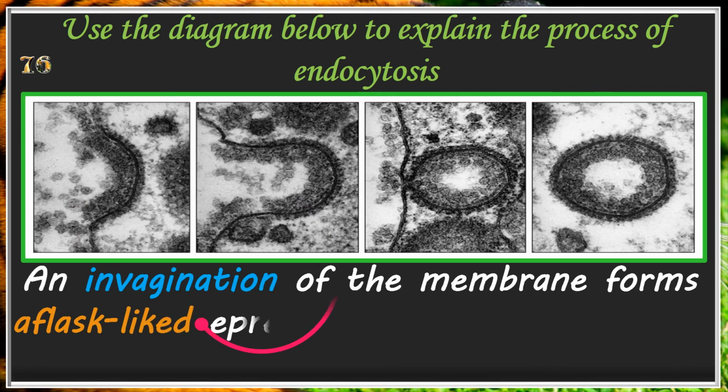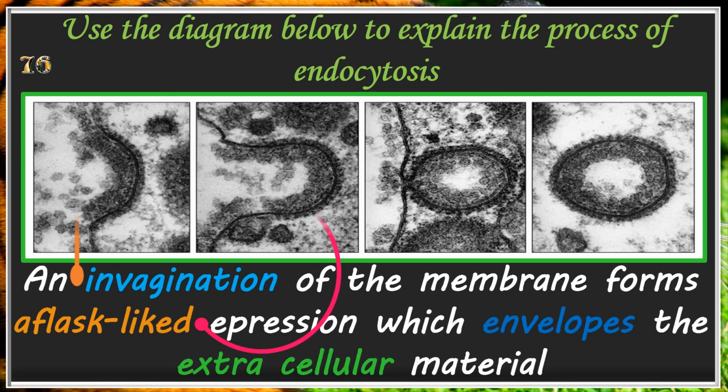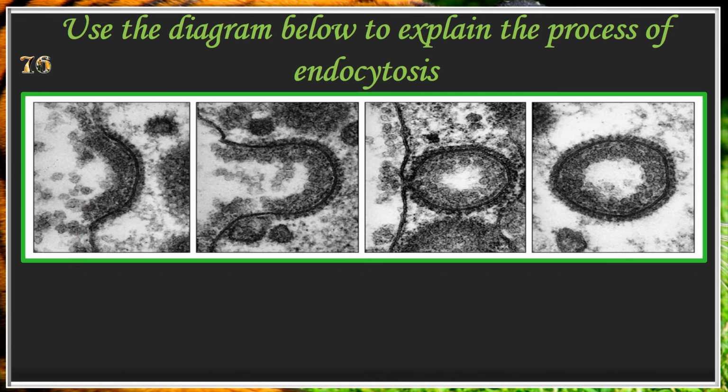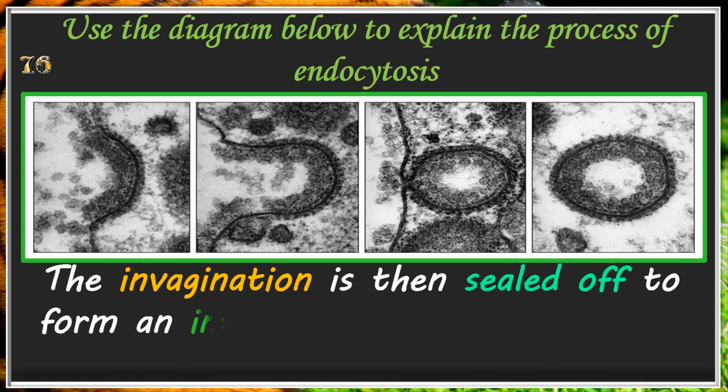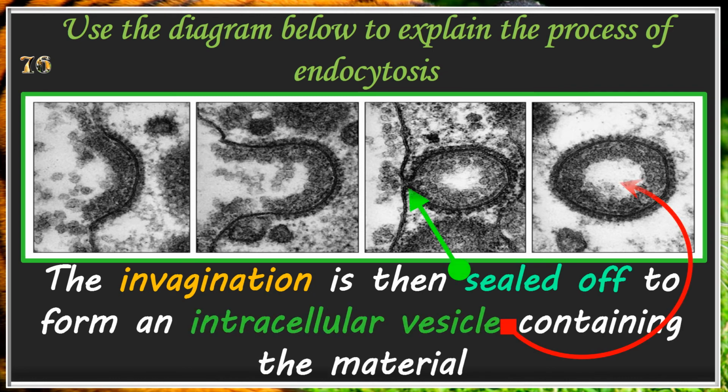An invagination of the membrane forms a flask-like expression which envelopes the extracellular material. The invagination is then sealed off to form an intracellular vesicle containing the material.